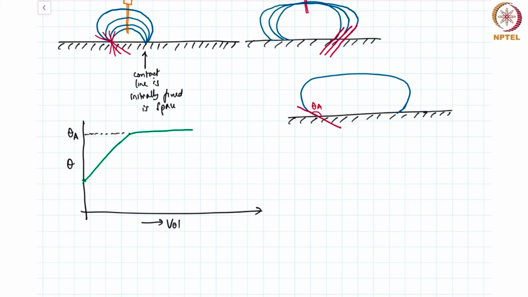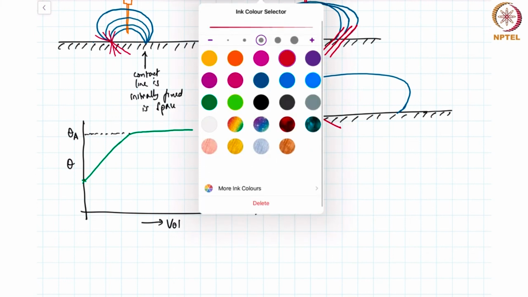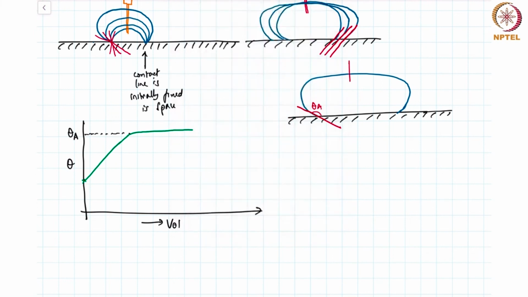Now if you start pulling this fluid out, where the motion of the piston is upwards now, then I'll show the droplet shapes in green now.